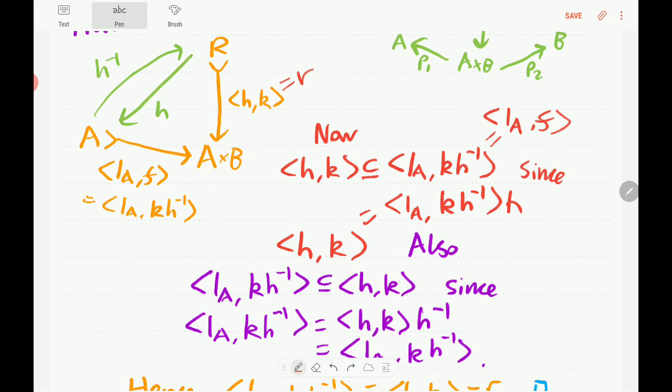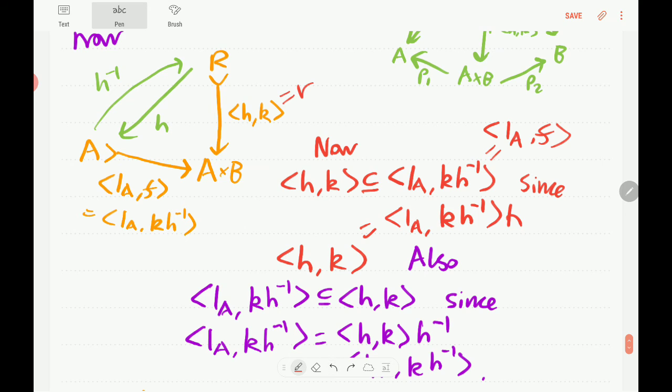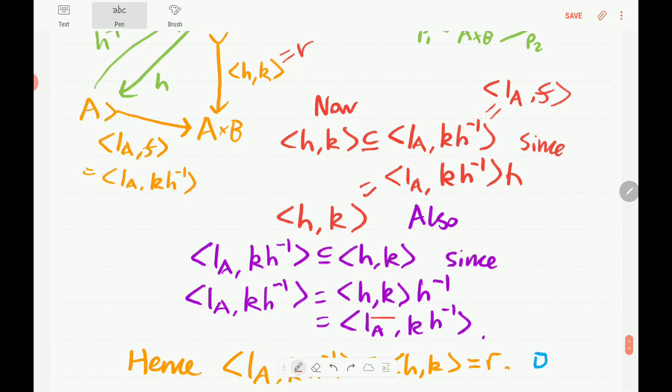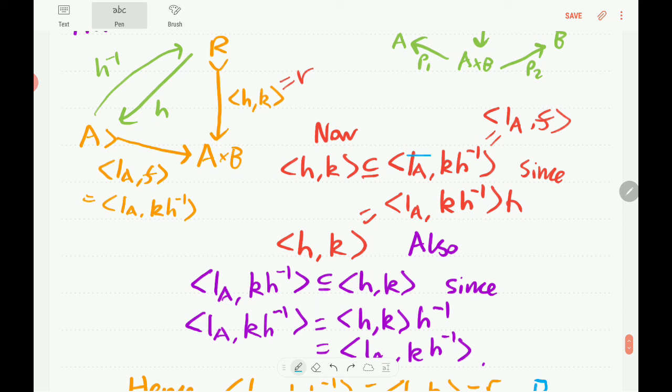Why is that? Well, just consider what we get if we do h comma k after h to the minus 1. That's this composition here. Then we get identity a, comma k after h to the minus 1, which is indeed just this graph of f here. So yes, basically what we have is that h comma k is contained in the graph of f, and the graph of f is contained in h comma k, and so these two sub-objects here are equivalent to each other.